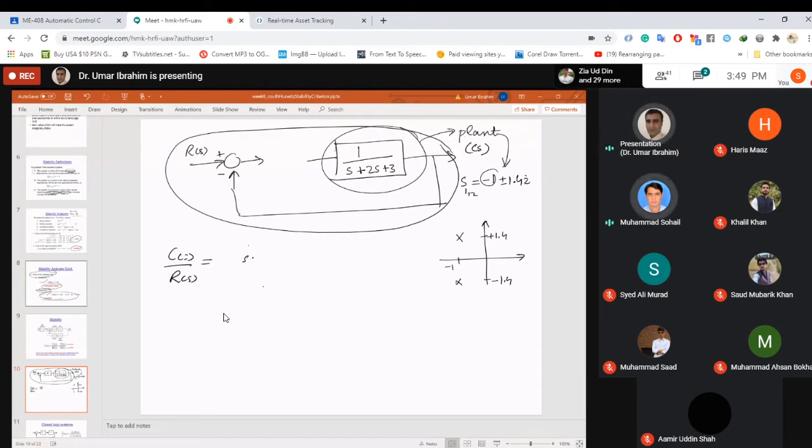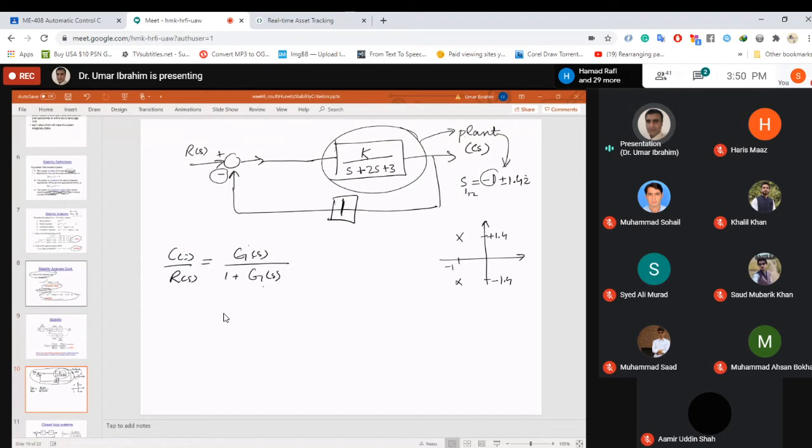Yes, sir, we will multiply. You can simply multiply 1 with K. So our transfer function will be G of S divided by 1 plus G of S into H of S, because it's a negative feedback. Now H of S here is simply 1, so we don't need to write it.